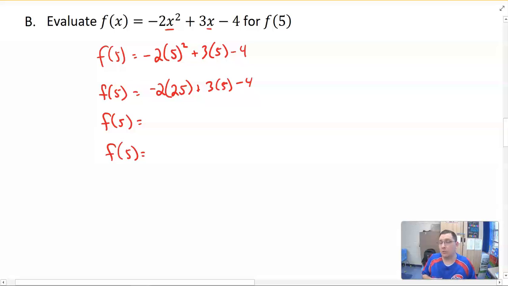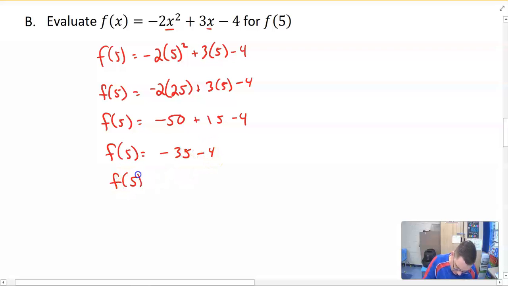And then I'm going to do multiplication or division. So multiplication as we go from left to right. Negative 2 times 25 is negative 50. 3 times 5 is 15, and then minus the 4. Now I can do addition and subtraction as we go from left to right. And so negative 50 plus 15 is negative 35, and minus the 4.